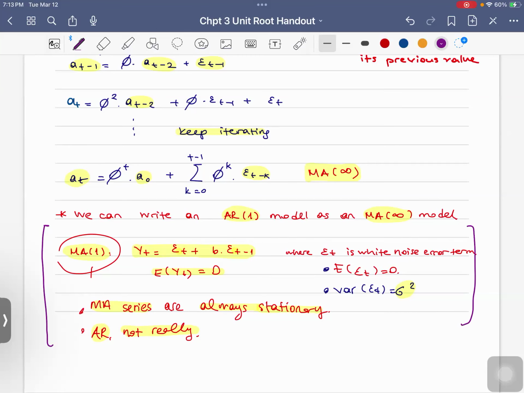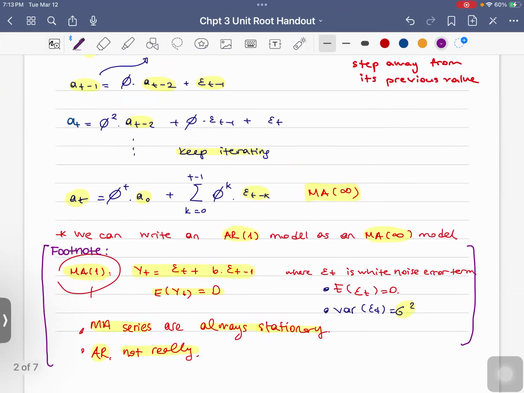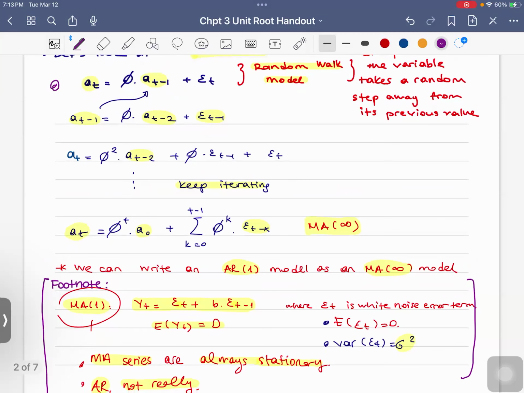You can think of this section as almost like a little footnote showing how a moving average process is always stationary. But now that we've confirmed, so we switch from our AR1 model to an MA infinity model, we should continue working with this final form to understand what unit root really means, okay?